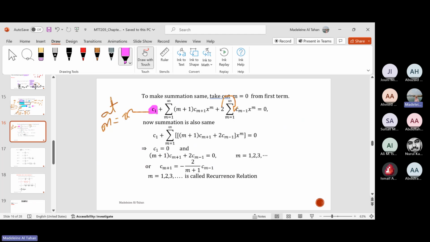Do they have now the same power and same starting value? Yes. Okay, so c1 we will keep it alone, sigma x power m. From the first series, we have m plus 1, c m plus 1. And from the second series, what do we have? 2 c m minus 1. Do we have any questions regarding this one, miss? No. Okay, miss.